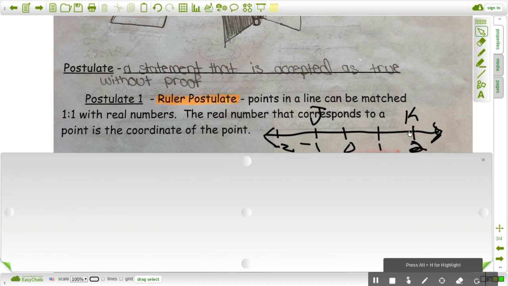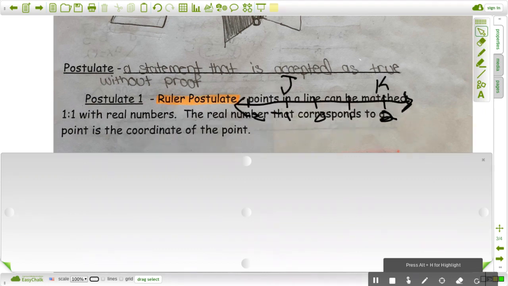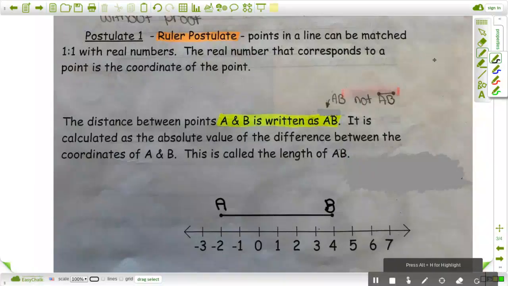There's a second part to this ruler postulate. Let's see what it is. And the second part is the distance. And if you don't know this, distance is written in a different way than a line segment. In a line segment, you write probably like this. That's a B, by the way. Like that.